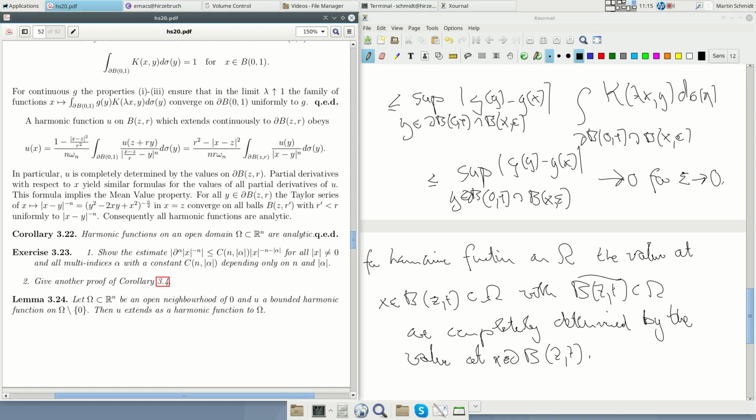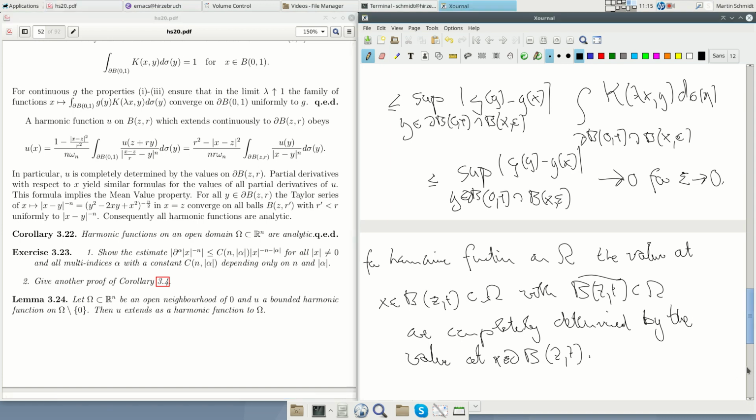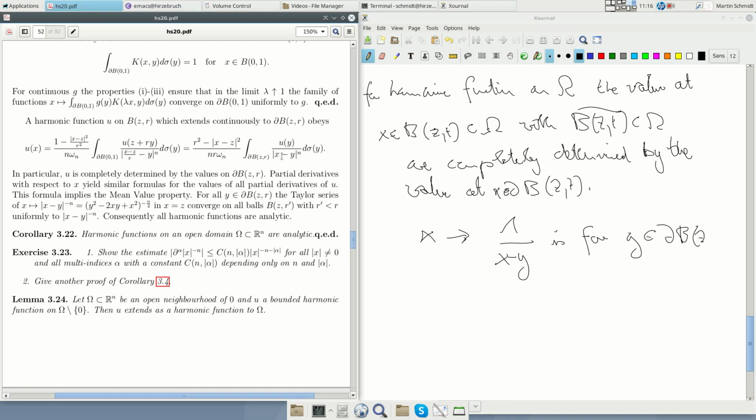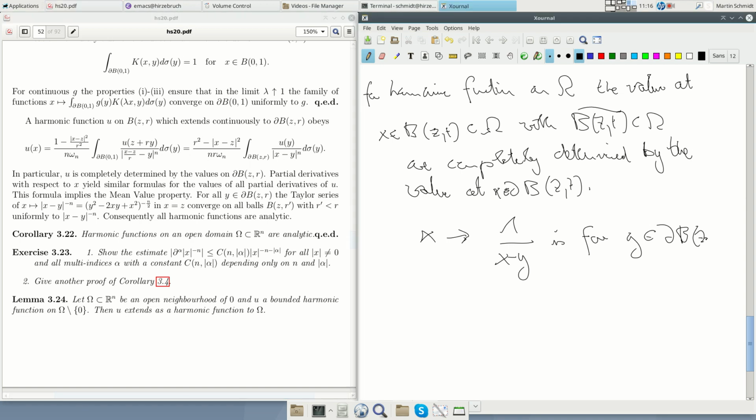Now, since this function here is clearly analytic, the function x going over to 1 divided by x minus y, for y on the boundary, we have rewritten this on the boundary of the ball, analytic in x in the interior.